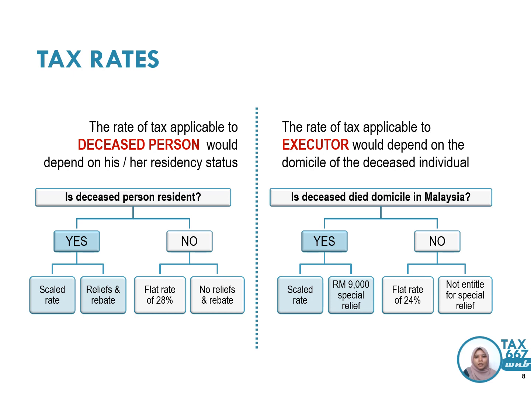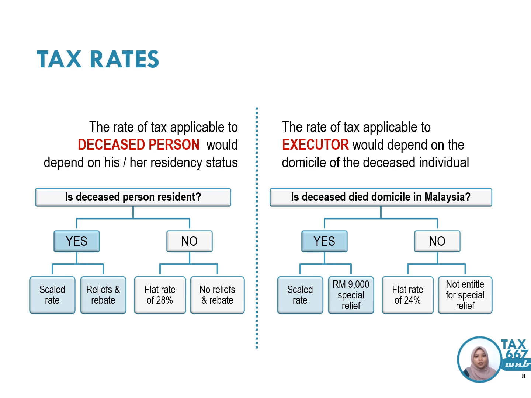Okay, let's look at the deceased person first. The rate of tax for the deceased depends on his or her residency status. So, untuk si mati, you have to ask yourself a question, is deceased person resident? So, kalau you punya jawapan, yes, the deceased is a resident, therefore, income tax punya calculation, we're going to use scale rate.